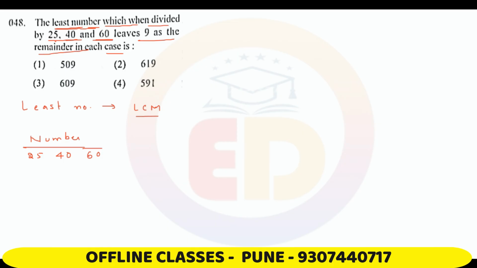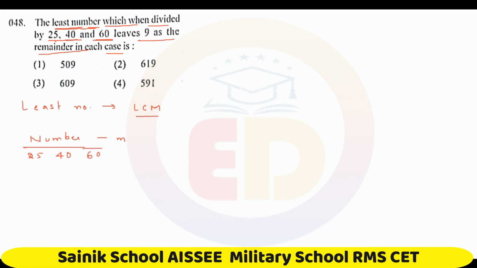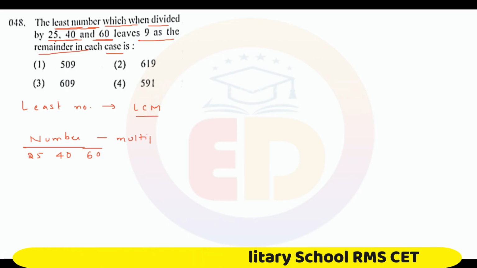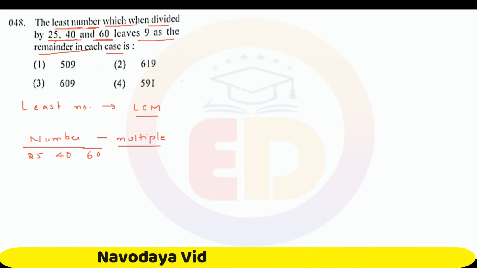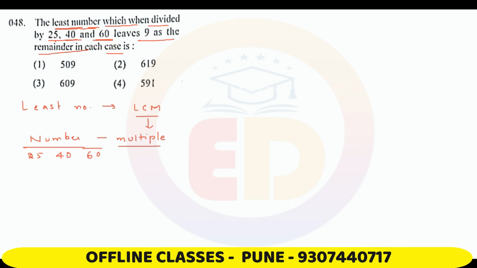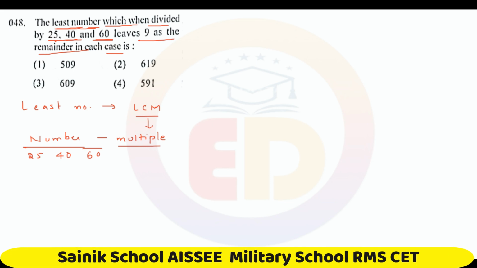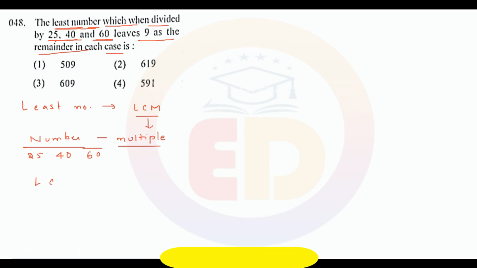So basically the number which we have to find should be a multiple of 25, 40 and 60. And multiple means we have to find the LCM, because they are asking to find out the smallest number. So we have to find the lowest common multiple. But this is not just finding the LCM. This is the case of LCM with the remainder.